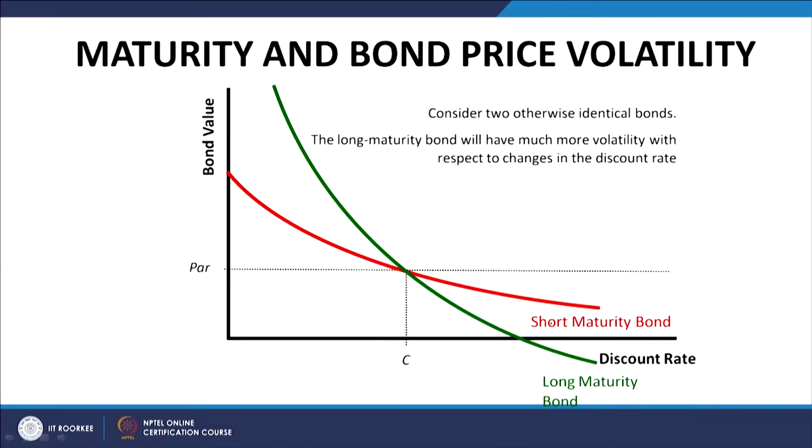And one more thing, as also shown in the diagram, this is a short maturity bond which has less steepness, and the long maturity bond has far greater steepness.